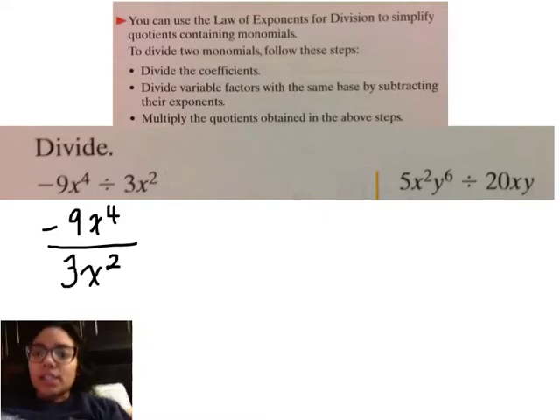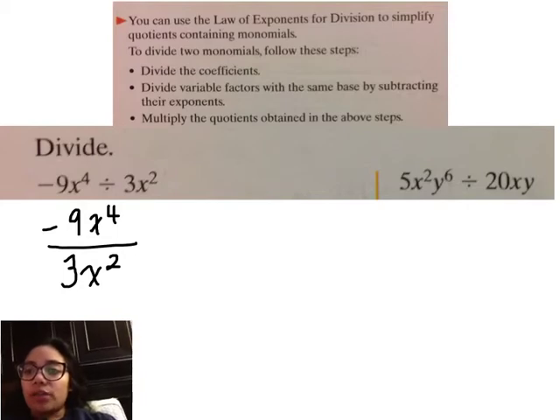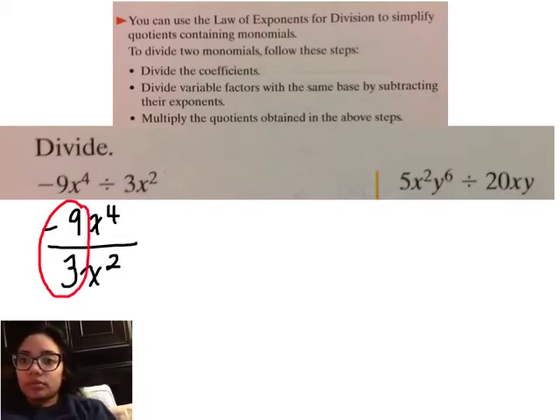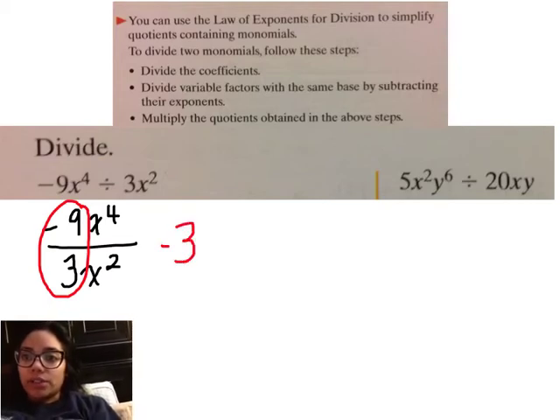It says divide the coefficients. My coefficients are the numbers in front of the variable, so I'm dividing negative 9 by 3. What's negative 9 divided by 3? Negative 3. And a negative divided by a positive is negative.